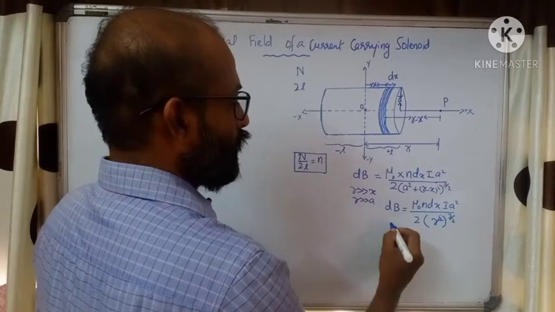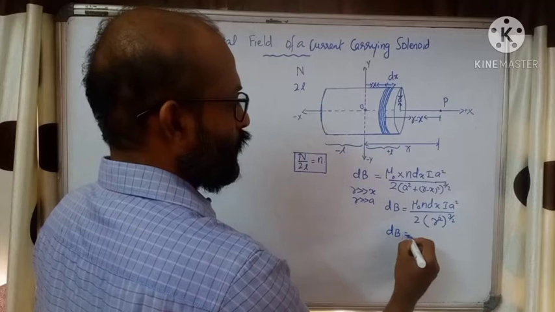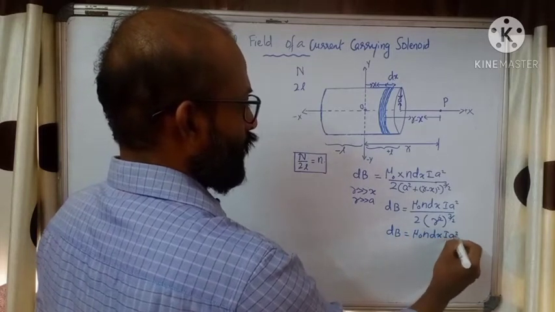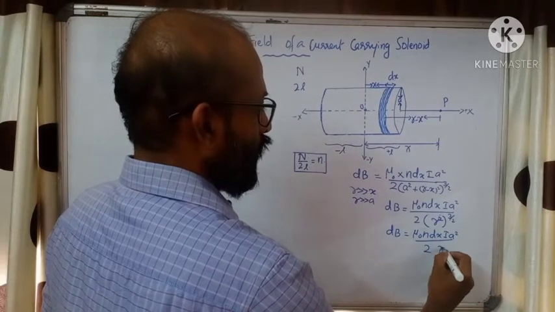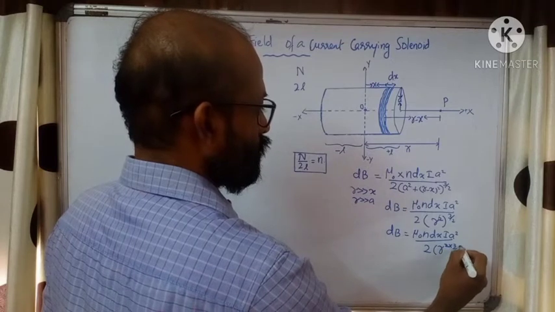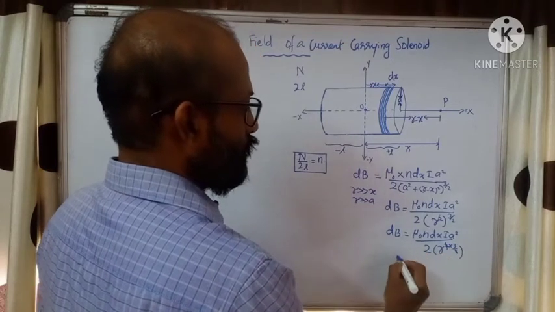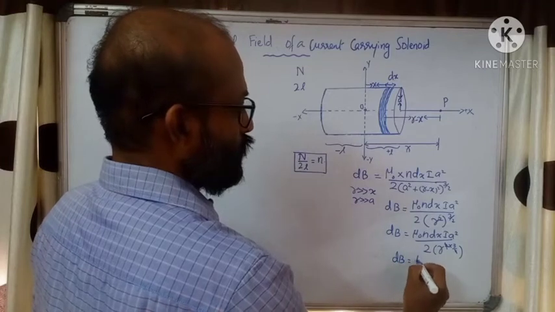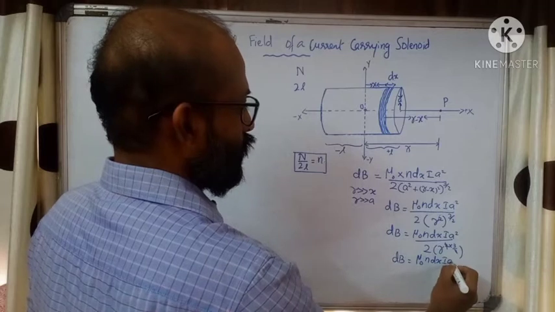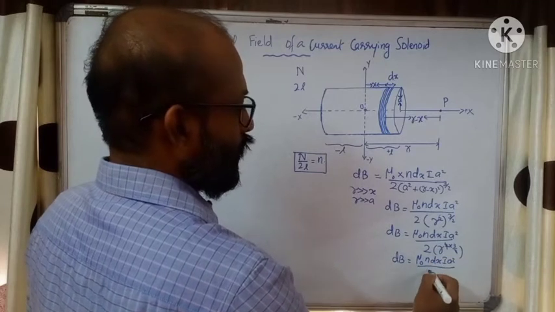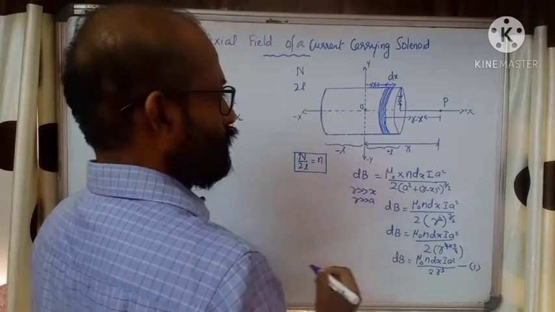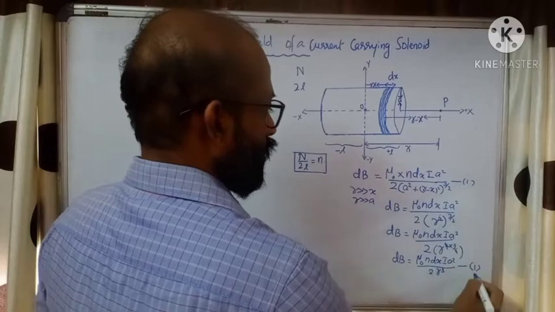Again we have dB equal to mu 0 n dx I a square by 2 into r square raised to 3 by 2, which means r raised to 2 into 3 by 2. The 2 cancels. What is left? dB is equal to mu 0 n dx I a square by 2r cube. This equation we are getting is equation number 1, and the earlier one is equation number 2.